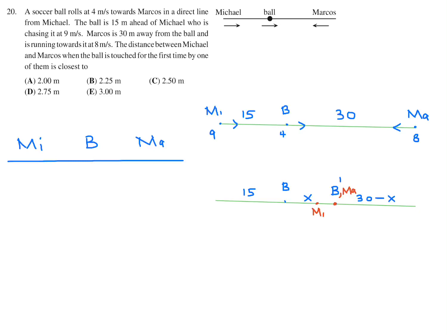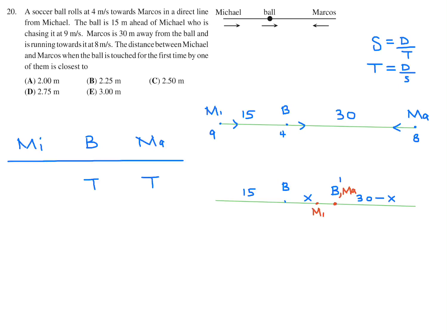Now in this question, we are going to use a formula, which I'm sure you know, that speed is equal to distance over time. And variations of this formula, of course, are that time is equal to distance over speed. Same thing, right? You're just rearranging the terms. Now for the ball, there's a certain amount of time, and for Marcos, there's also a certain amount of time that it takes the ball to get from here to here.